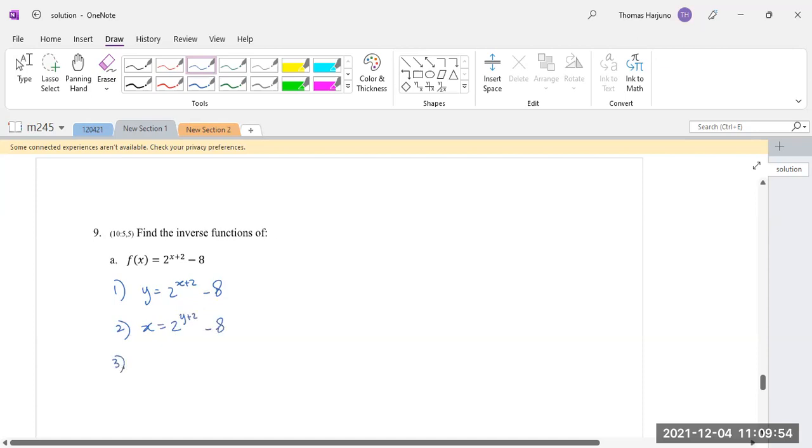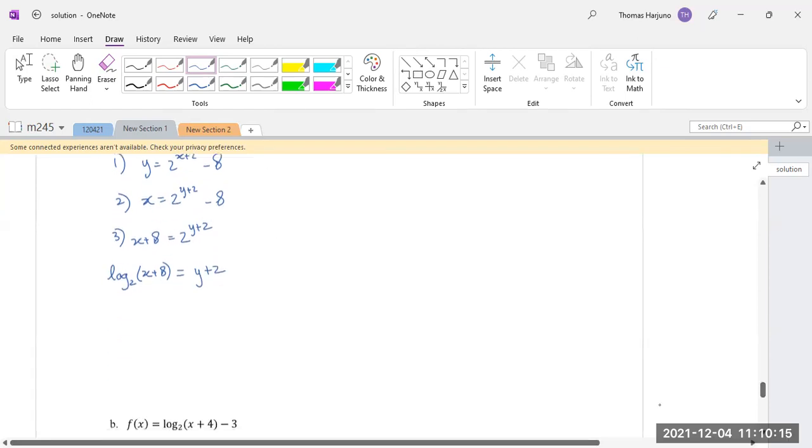Step 3, you solve for y, so change into log form: log base 2 of (x plus 8) minus 2 equals y.